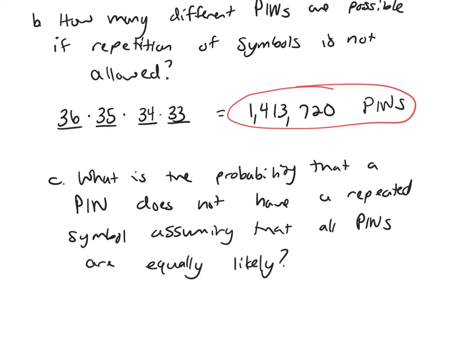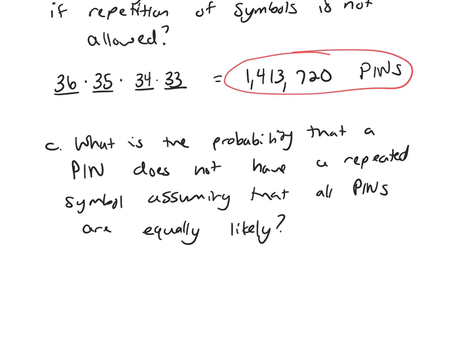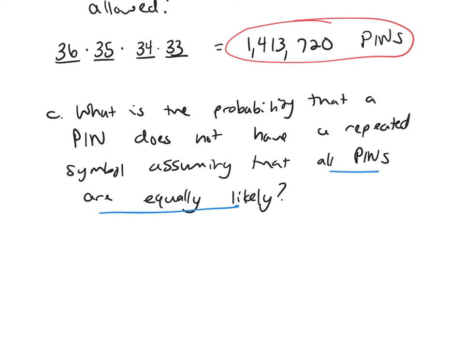So you get a pen randomly assigned to you. And because all pens are equally likely, we can use our probability formula where we have our fraction. It's the number of pens without repeats over the total number of possible pens.